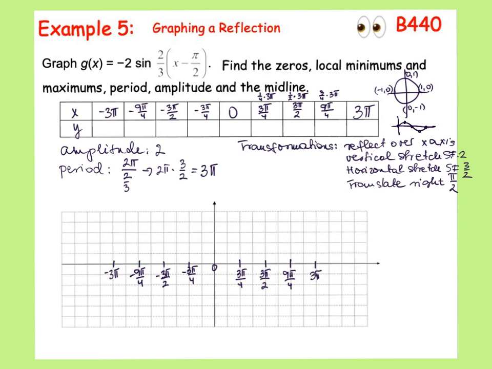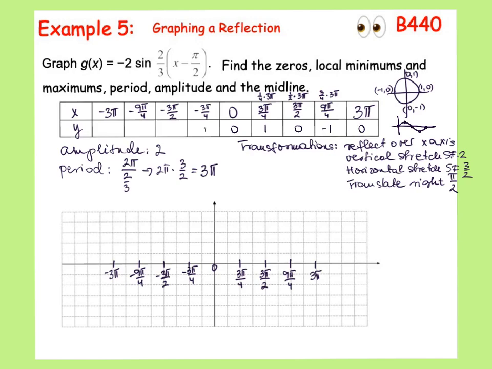So let's go ahead and decide where we are here. So at 0, we'll have 0, and then at 3 pi over 4, we are going to have 1, and 3 pi over 2 is 0, 9 pi over 4 is -1, and then back to 0.